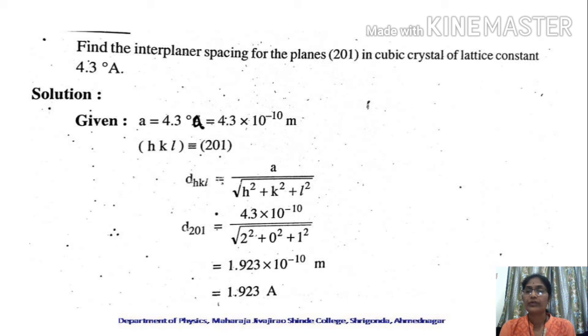So 4.3 into 10 raised to minus 10 divided by square root of 4 plus 1, that is square root of 5. It gives the value as 1.923 into 10 raised to minus 10 meter. Again, one can express it in angstrom as 1.923 angstrom.